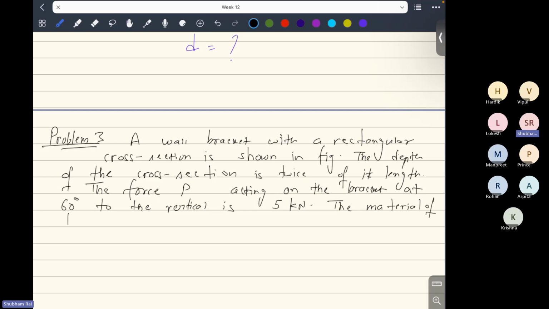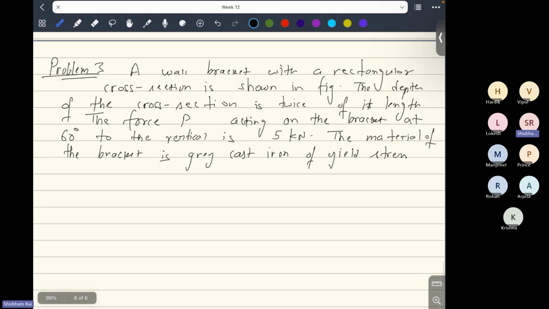The material of the bracket is gray cast iron, which is having a yield stress of 200 MPa, and the factor of safety is 3.5.